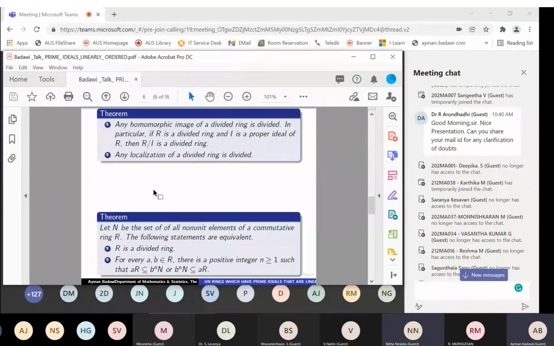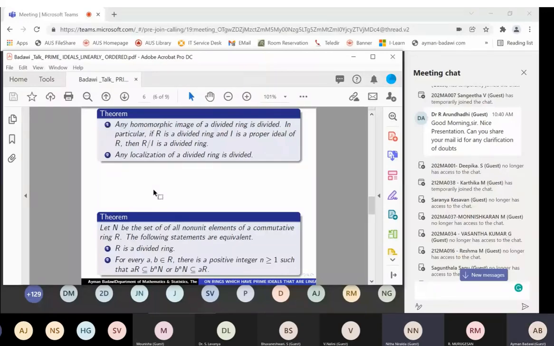All right. If you look at the next result, kind of interesting in a way. Here I'm taking, let N be the set of all non-unit elements of a commutative ring. So remember, N does not even need to be an ideal.